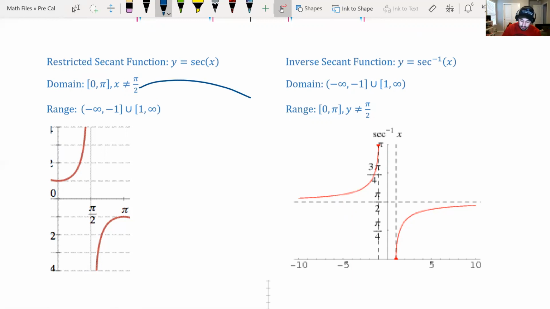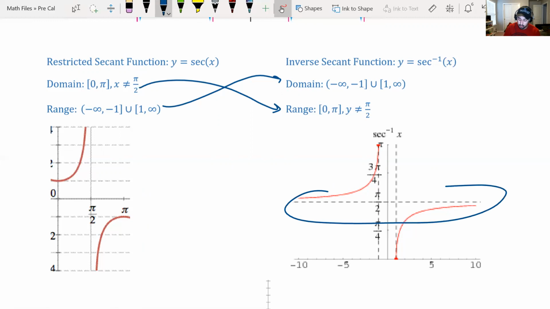So this domain goes to your range, this range goes to your domain. So they just flip. So now the inverse secant function's domain is -infinity to -1, then 1 to infinity, and its range is now 0 to pi, where y cannot equal pi over 2, because once you have an inverse and you flip everything, a vertical asymptote now becomes a horizontal asymptote. So that's why it's y equals pi over 2.